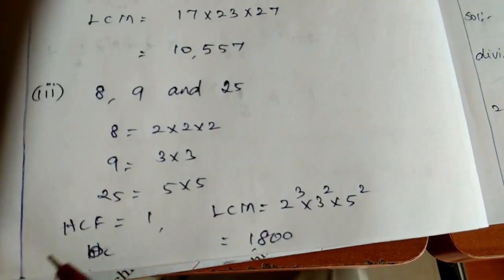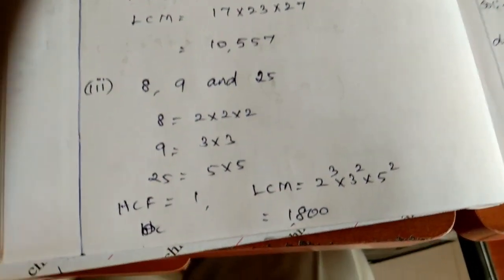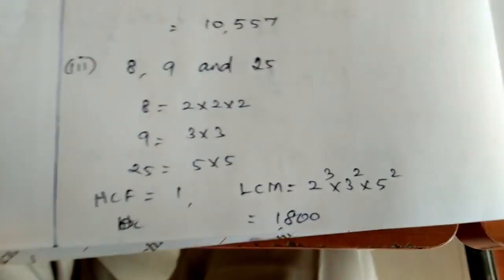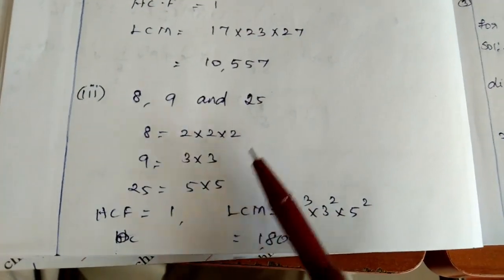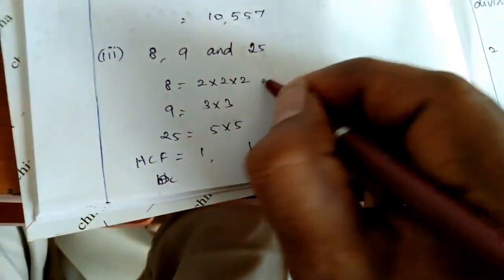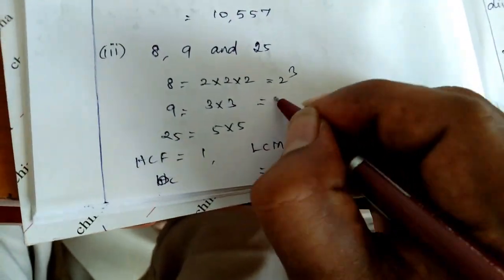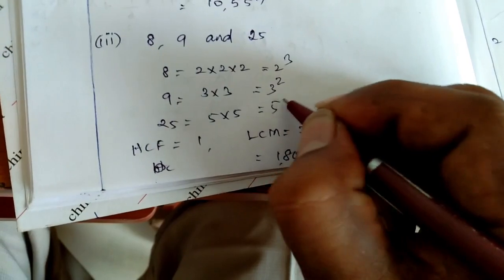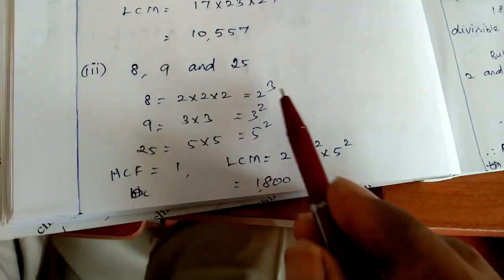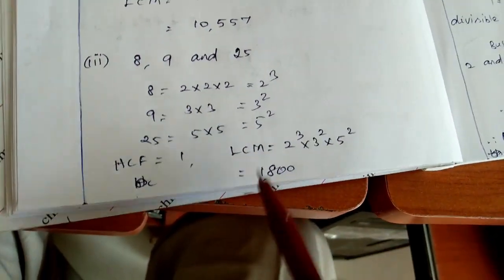Similarly, for the LCM, 2 power 3, 3 squared, and 5 squared. So you can write 2 power 3 into 3 squared into 5 squared. The product is 1800. Right.